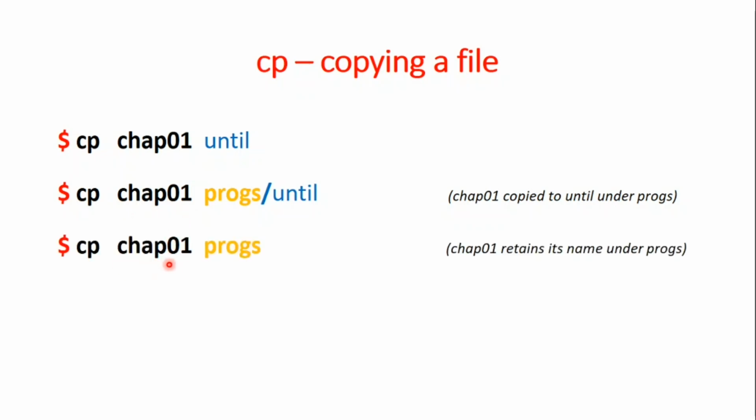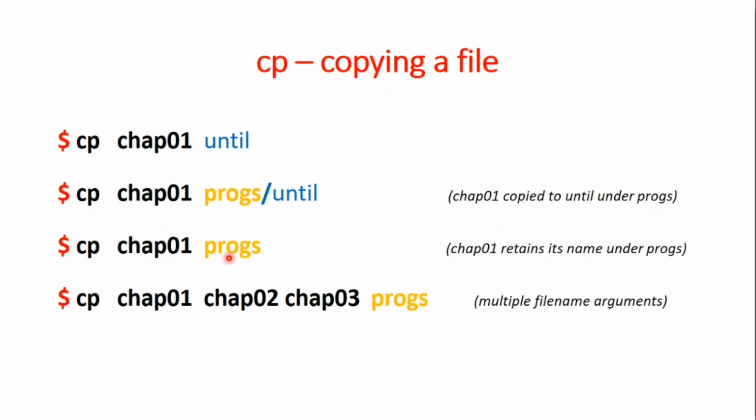If I don't specify the file name under the directory progs, then chap1 will retain its name under the directory progs. A new file will be created under the subdirectory progs, having the same name as the source file name, that is chap01.